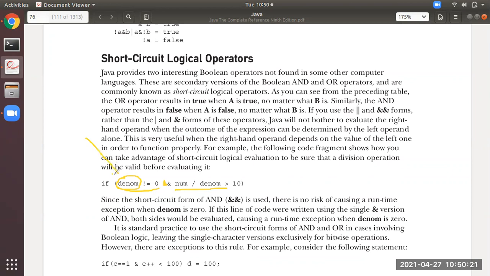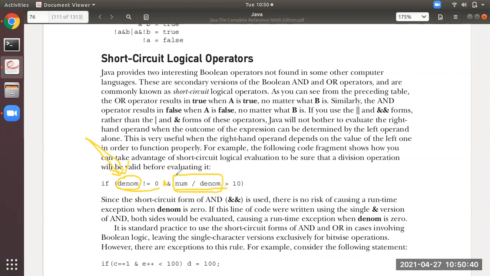What will happen? 0 not equal to 0 is false. But as there is no short circuit, it is the normal AND. So as this one, which I marked with an arrow, is false, it will evaluate this also.